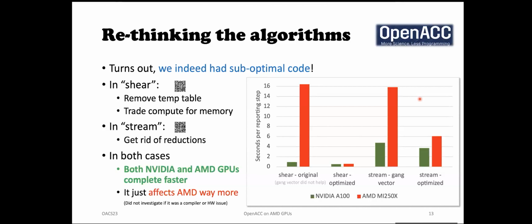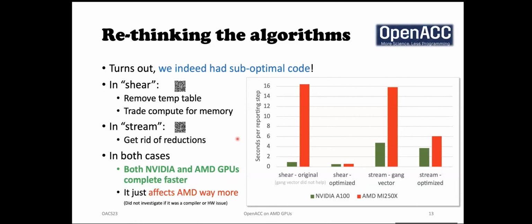But it affected the code on Frontier way more than it did on the NVIDIA GPU. By the way, we are using Perlmutter as a GPU benchmark there. We didn't look in detail if it was due to compiler or hardware issues. We solved the problem and we're happy.